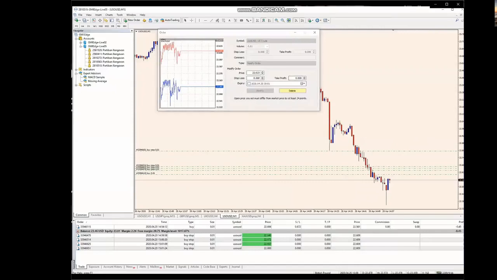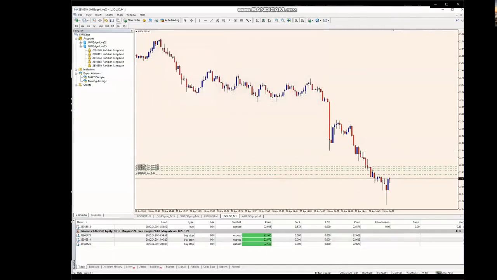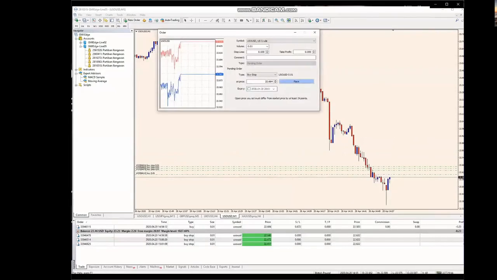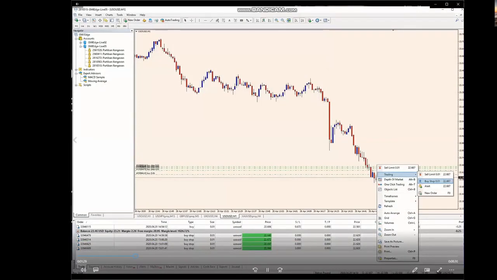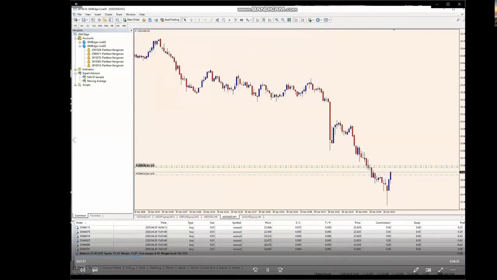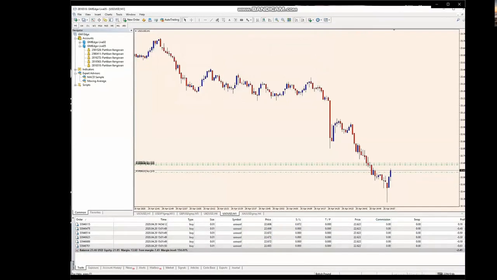By placing a buy stop, you can actually avoid it. Sometimes if the price just bleeds lower, you can just delete the order. All the orders are triggered.